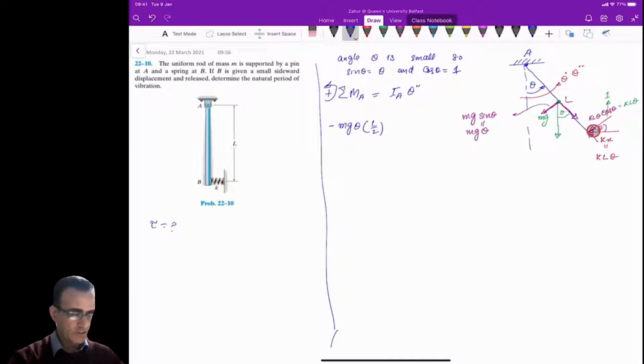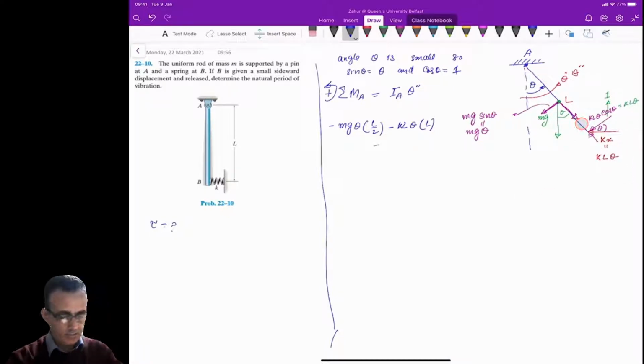And similarly, this force here, which is the spring force in this normal direction, which is kL theta. Again, it's negative because it will rotate this in the clockwise direction. So it's kL theta, and you will need to multiply this with L. So L is this distance here.